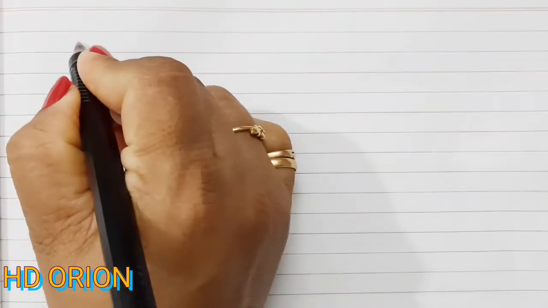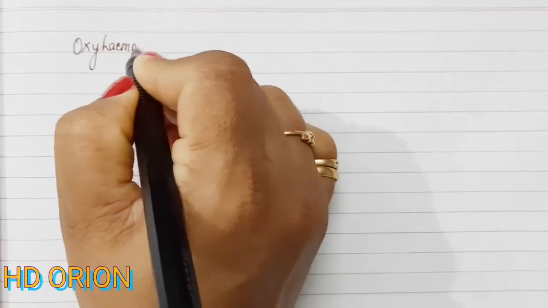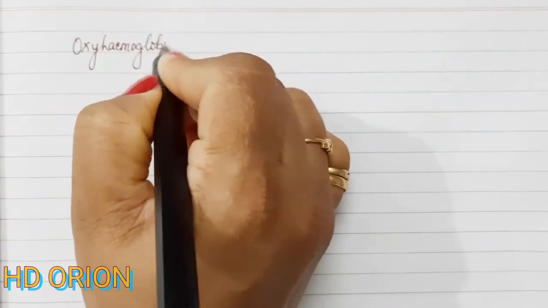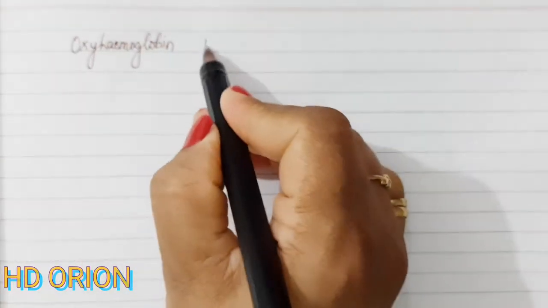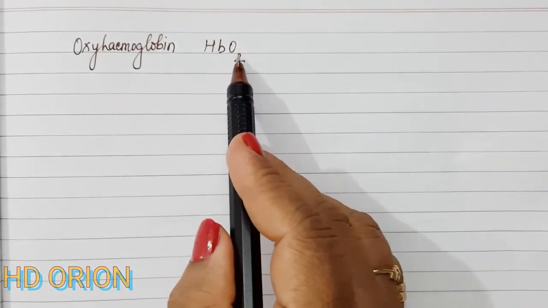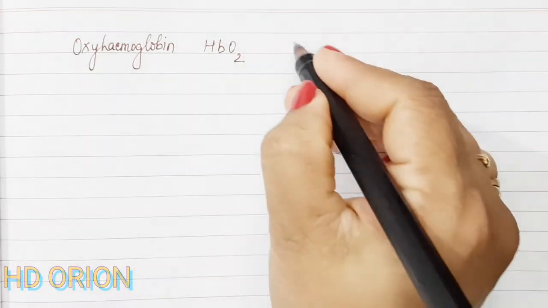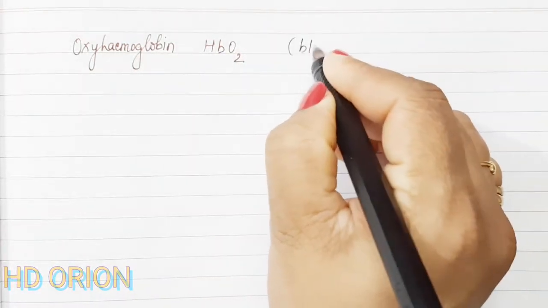The oxyhemoglobin so formed is an unstable compound. The formula for oxyhemoglobin is HbO2. So it is an unstable compound, and this form, that means HbO2, is only found in the blood.